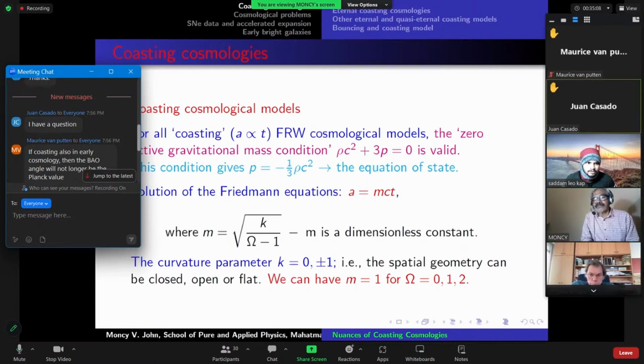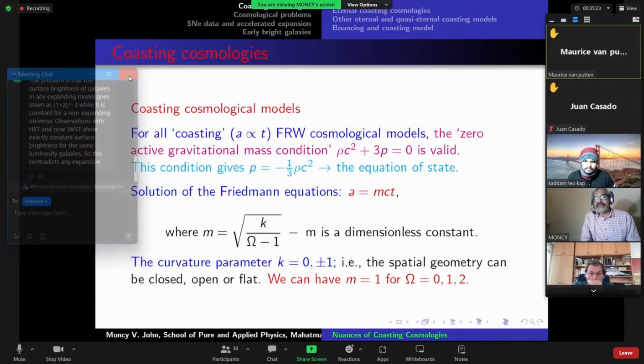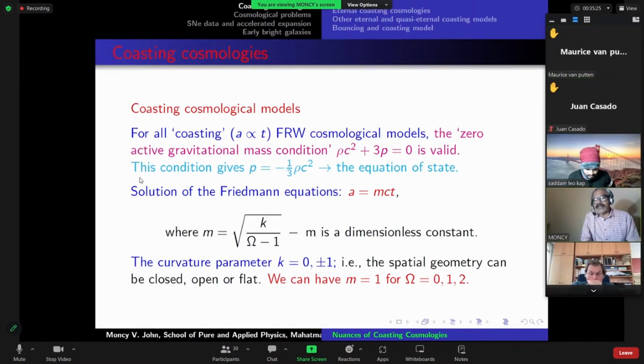Maurice wants to ask something. If I understood it correctly, you also take this coasting solution down to the early stages of the universe. Is that correct? Right, that's right. But then how do you satisfy the observed BAO angle?